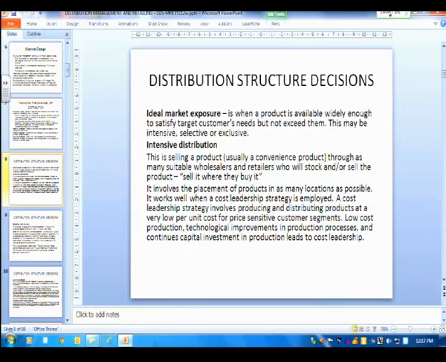It involves the placement of products in as many locations as possible. It works well when a cost leadership strategy is employed. A cost leadership strategy involves producing and distributing products at a very low per unit cost for price-sensitive customer segments. Low-cost production, technological improvements in production processes, and continuous capital investment in production lead to cost leadership.